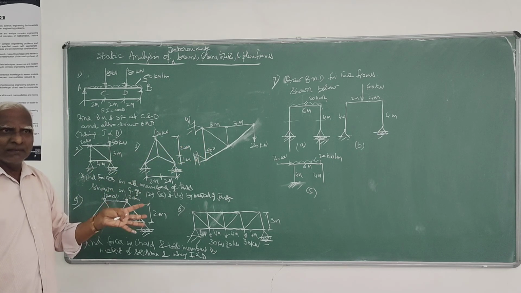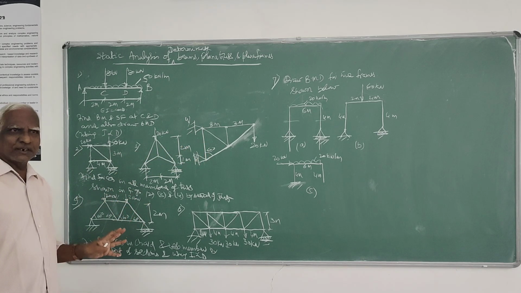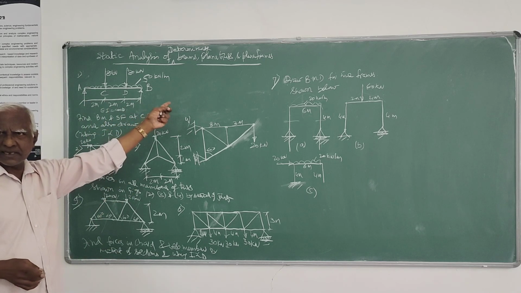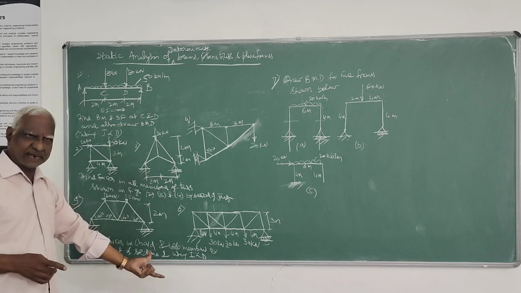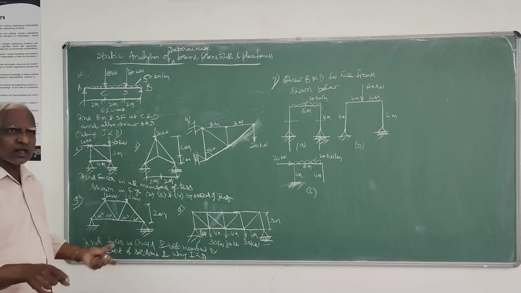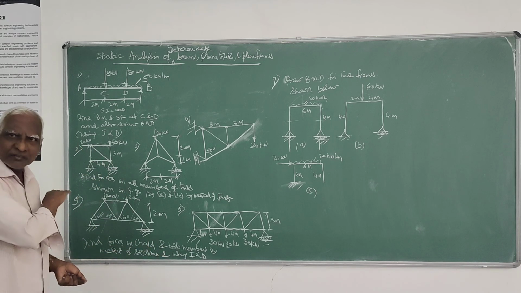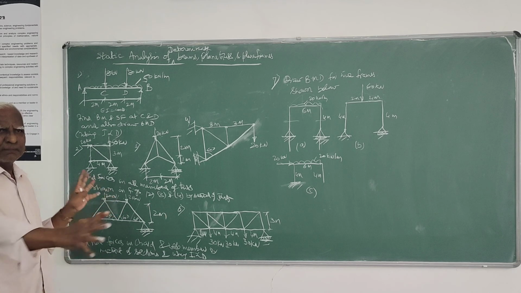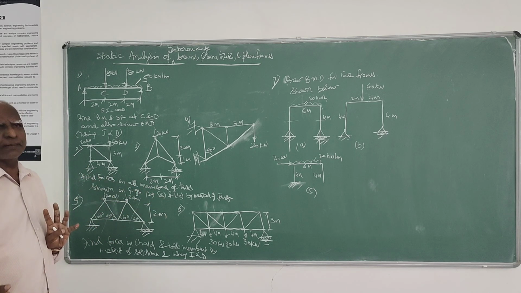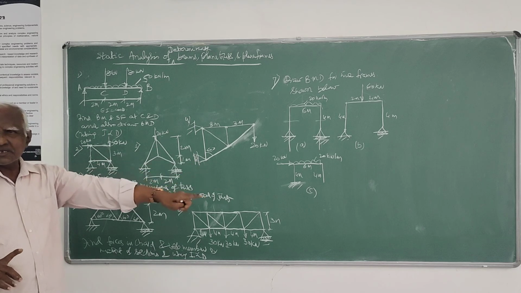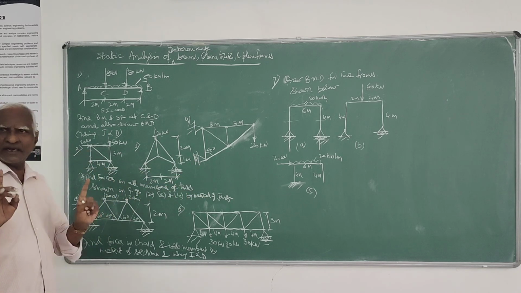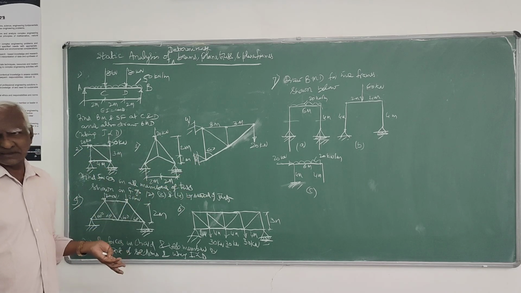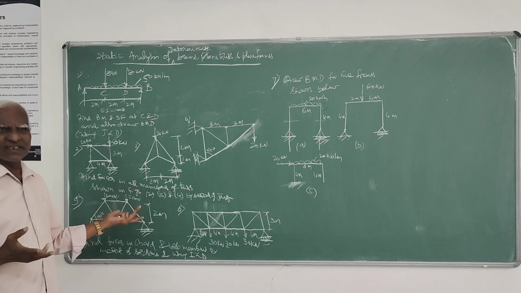That's all you have in your syllabus. Unit 2 and 3 cover kinematic analysis, Unit 1 static analysis, Unit 2 also static analysis but for moving loads. So 80% of your syllabus mainly covers the static and kinematic analysis of these determinate plane frame structures. Simple structures, it is nothing.